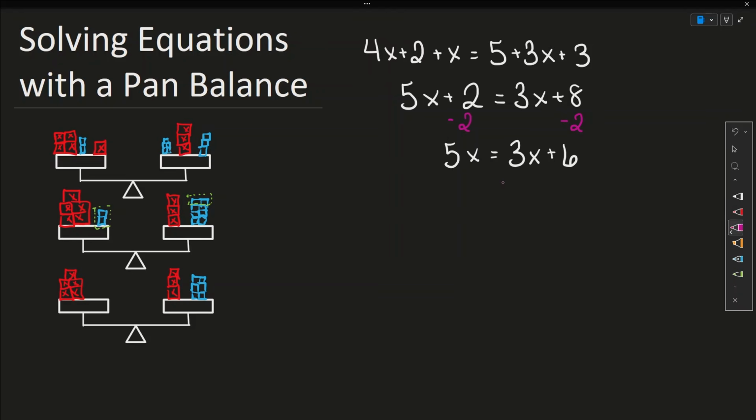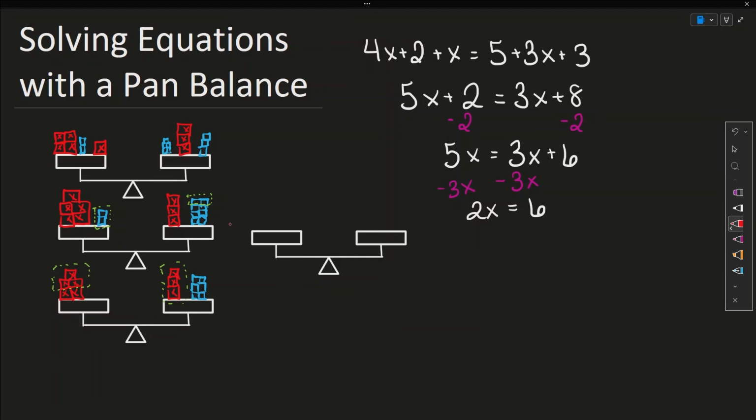Our next step in terms of the equation would be to subtract 3x from both sides. 5x minus 3x is 2x, and on the right, the 3x's cancel, and we have a 6. In terms of our pan balance, we're going to remove 3 x blocks from both sides of this balance.